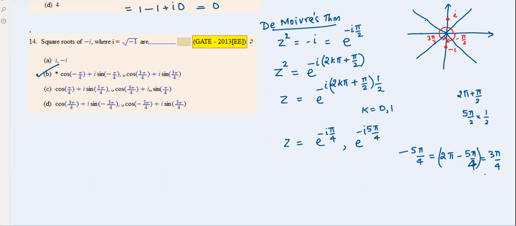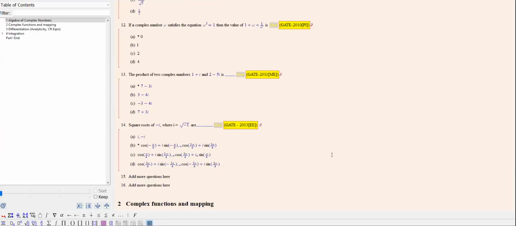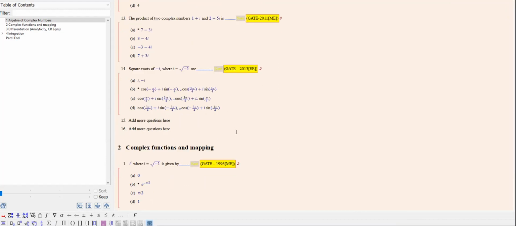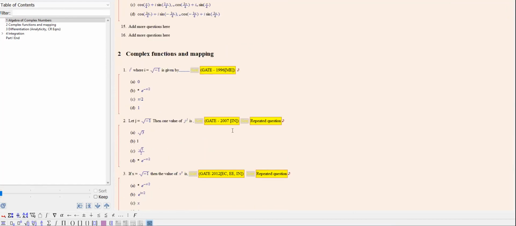Okay, those were the basics. Next, complex functions and mapping.